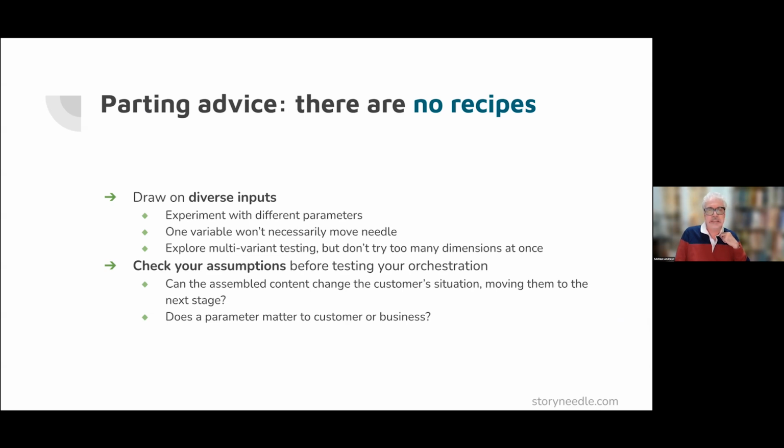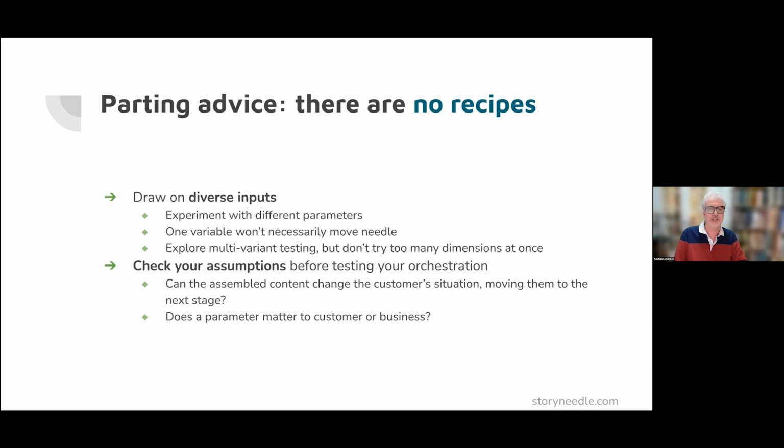So we have a lot of opportunities to draw on different inputs. I would encourage people to play around with different parameters. And don't expect that just changing one variable is going to make a huge difference here. We want to try to change several variables because I think that's been a limitation of personalization, is that people would only change one variable and they wouldn't necessarily get a big impact by doing that.